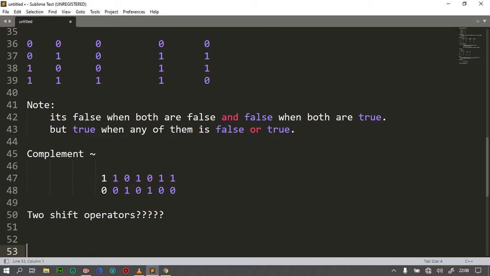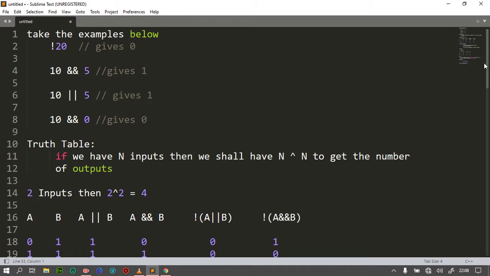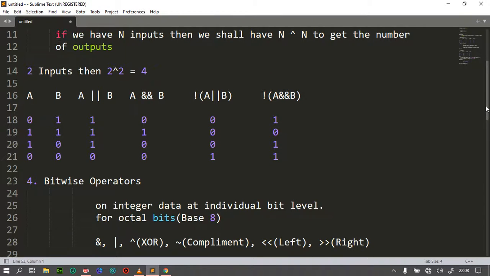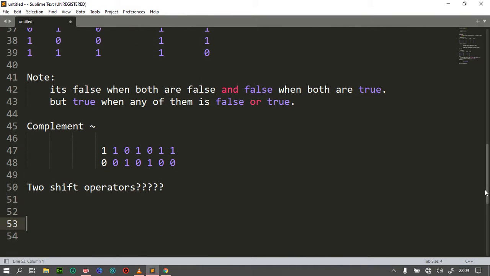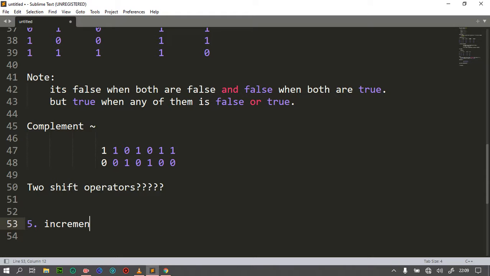Now another type of operator, definitely this has to be up there. We had 4, then 5. Now we have some other special types of operators. We have what we call the increment and decrement.